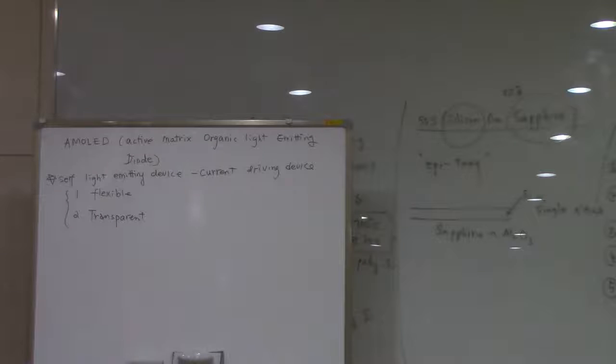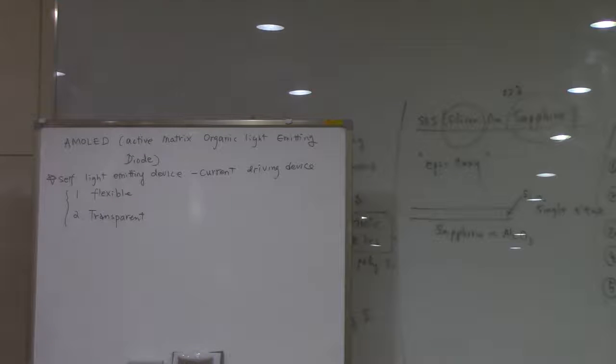Okay? In the old days, the display had to be bigger and bigger, as you can see in TVs, screens and notebooks. But these days, we do not need big displays. We need smart displays, like flexible, curved, things like that. And those kinds of devices can be realized only by AMOLED, not by LCD. So the trend for displays is moving from LCD to AMOLED.